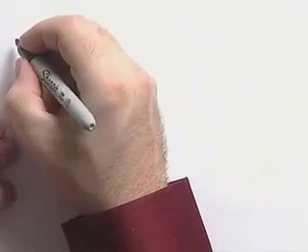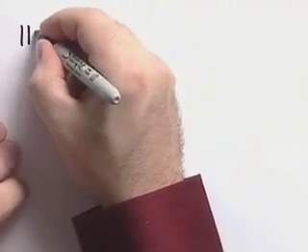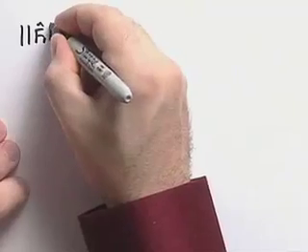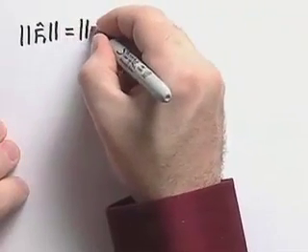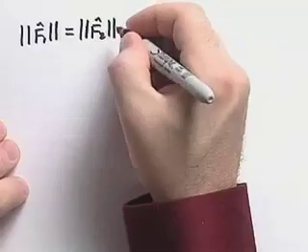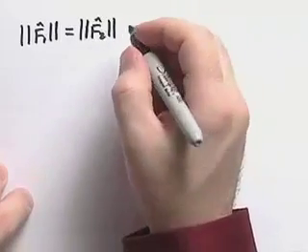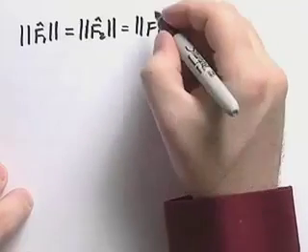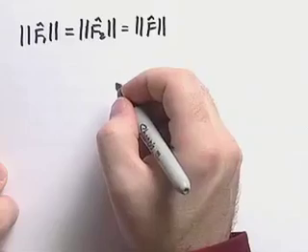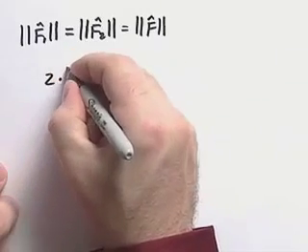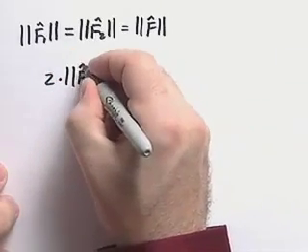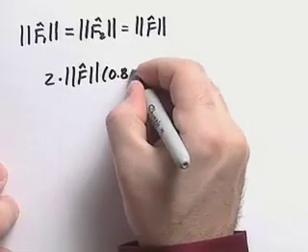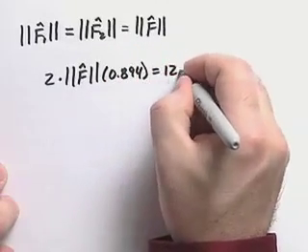We can now use these two equations to determine the magnitude of force 1 and force 2. The first equation gives us that the magnitude of force 1 must equal the magnitude of force 2. If we call this common value the magnitude of F, where F is that common force, we can substitute that into our second equation to get 2 times the magnitude of F times 0.894 is equal to 1200.